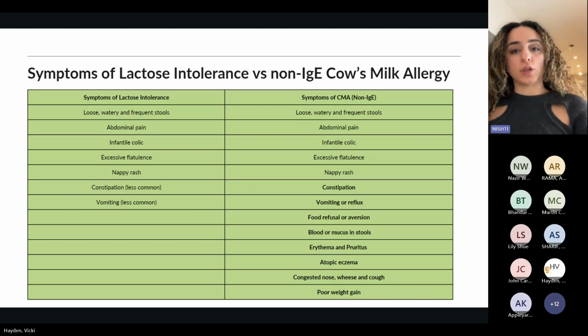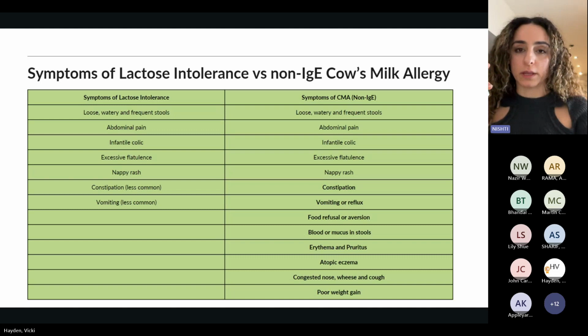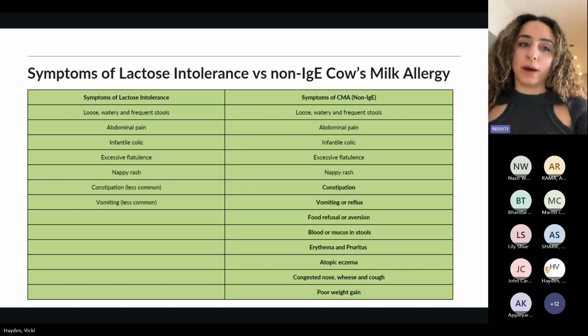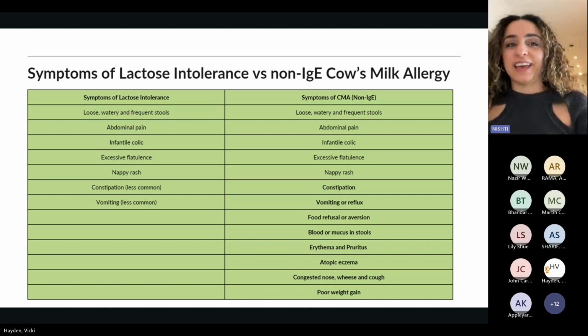But then you've got symptoms that really do differentiate cow's milk allergy from lactose intolerance. You will see children with loose stools and who have cow's milk allergy and or lactose intolerance, abdominal pain, colic, excessive flatulence, nappy rash.